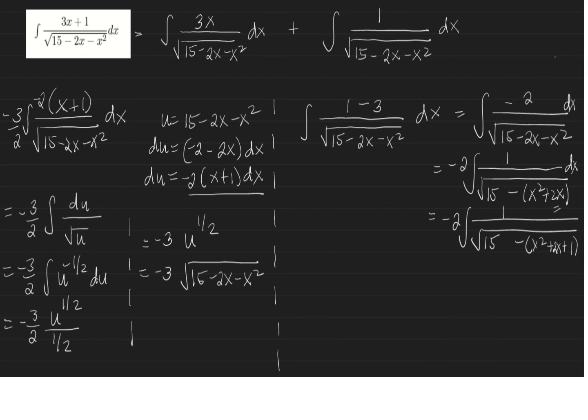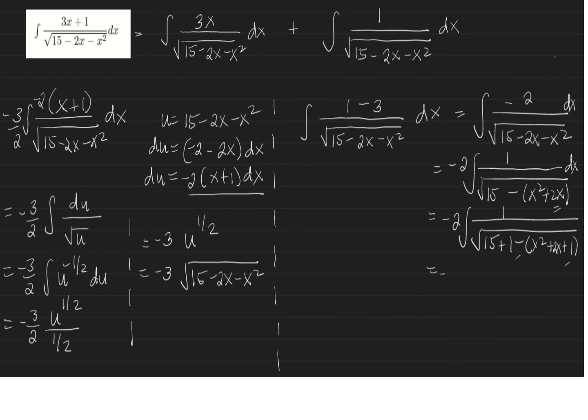However, since we have negative 1 distributed to 1, instead of subtracting 1, we're going to add 1 to 15, because we actually added negative 1 to x squared plus 2x because of the negative sign outside.